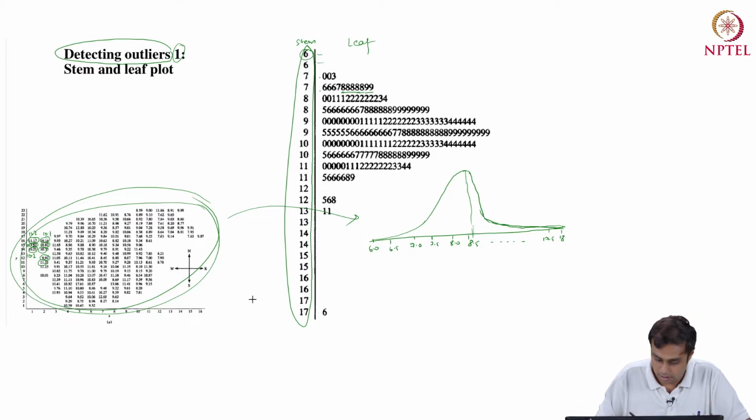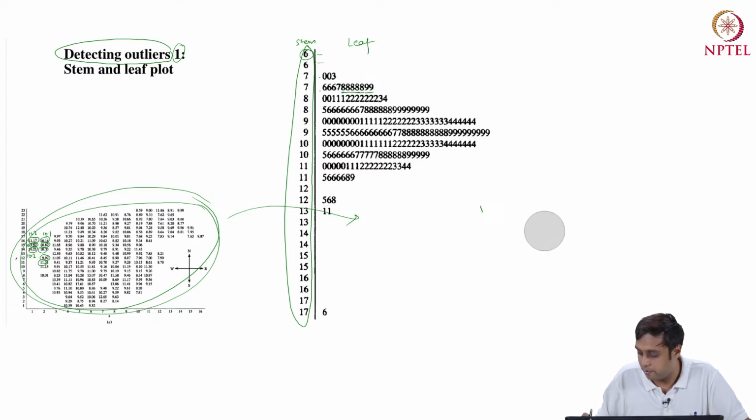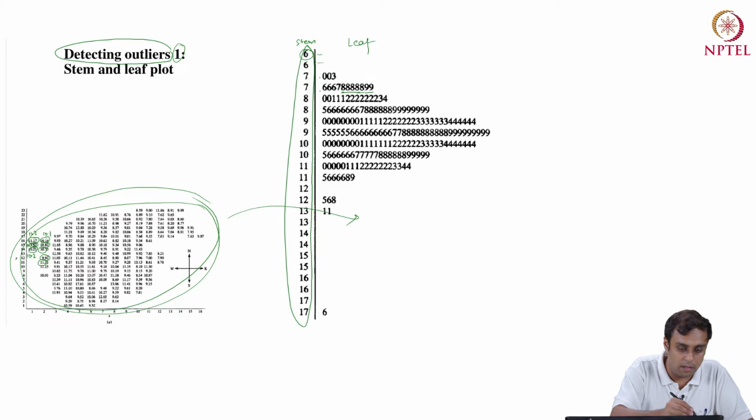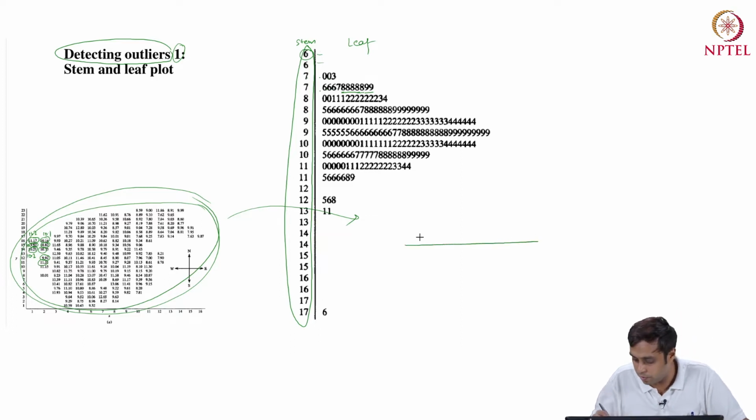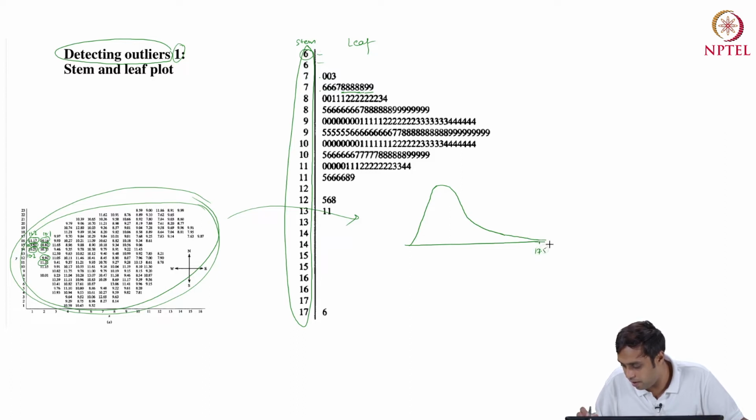I think I should redraw this. Sorry about that fumble. So the histogram, if I were to draw it, will look something like the following. Okay, so you'll have your 17.5 somewhere here, and you'll have your 6 here, your 7s here, and so on and so forth.